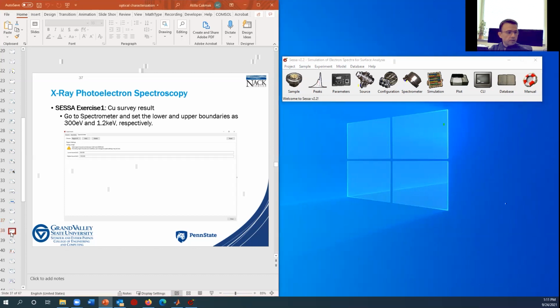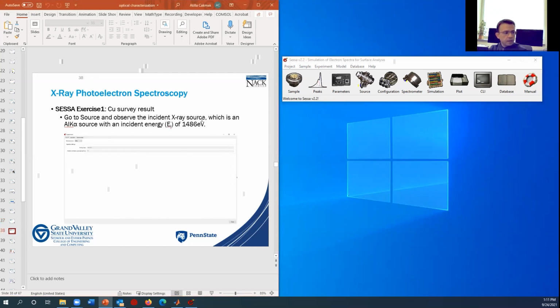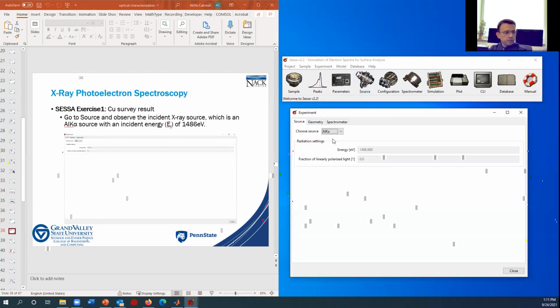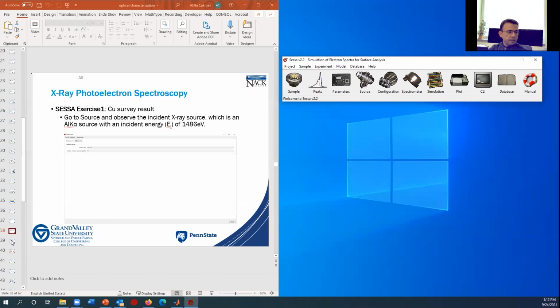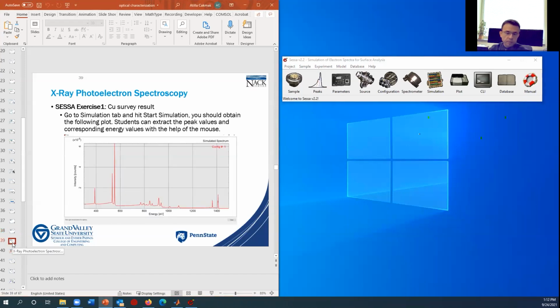And we can go to the source. If you click onto the source, you can choose different sources. This is the most commonly used source, aluminum, or you can choose magnesium. So there are options. This is the source that will have a certain incident energy, as given here, 1,486 electron volts, as you can see.